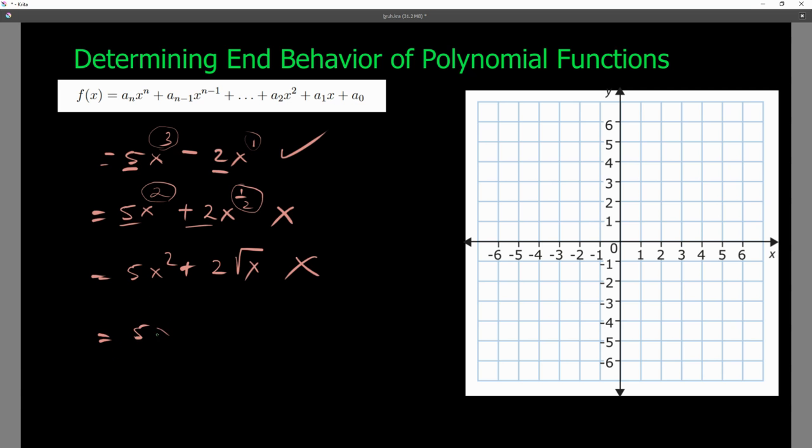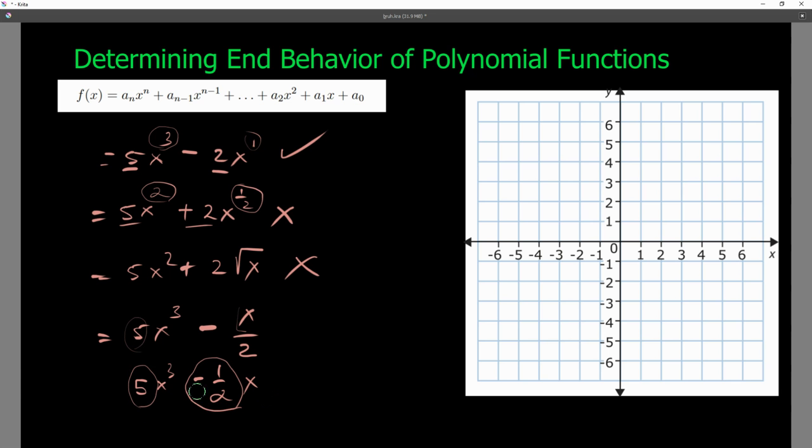You have 5x to the third power minus x over 2. Is this a polynomial function? Let's look at the 5 here. And what is the number in front of this x? You have to understand that x over 2 can be rewritten as negative 1/2 x. Are they real numbers? Yes. They can be fractions, they can be negatives, but they have to be real numbers.